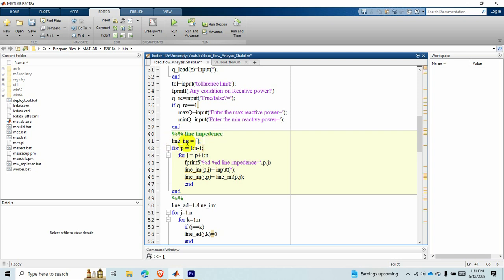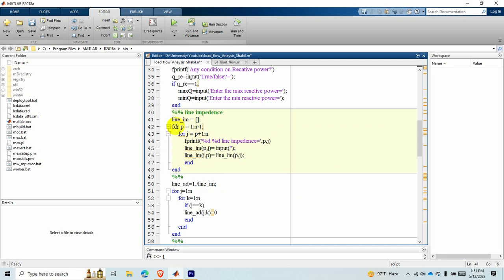So we took an array. Using this loop we create unique pairs of lines. That means when p is equal to 1, j is equal to 2; p is equal to 2, then j is equal to 3; unique pairs are created by this loop.